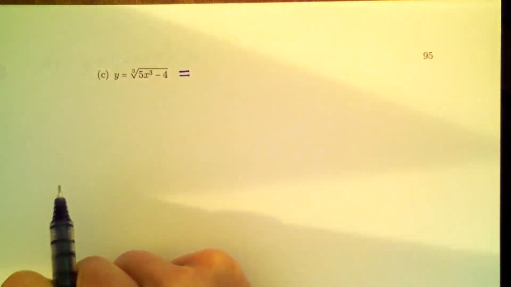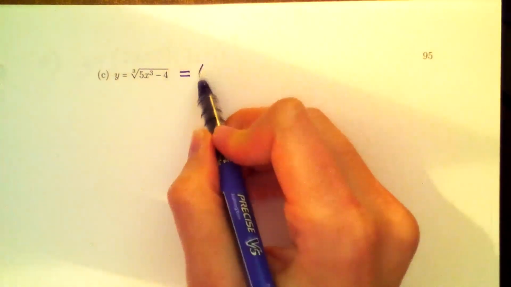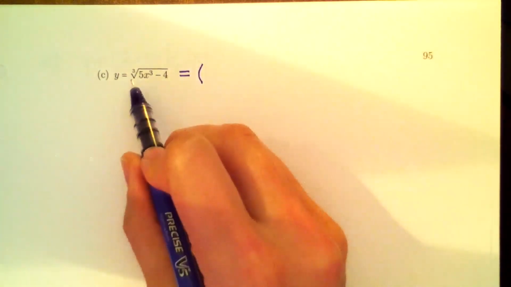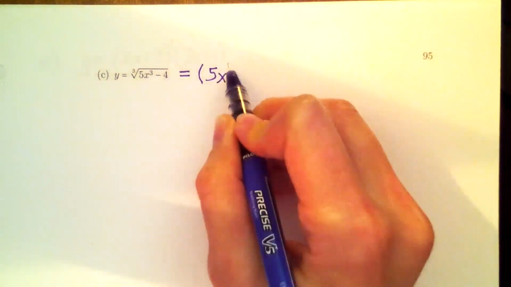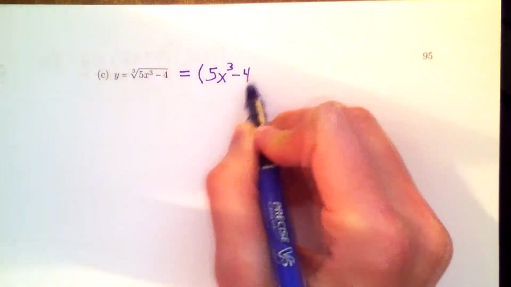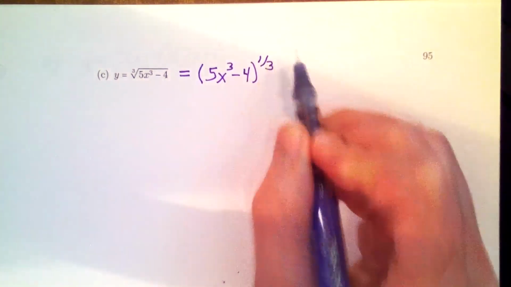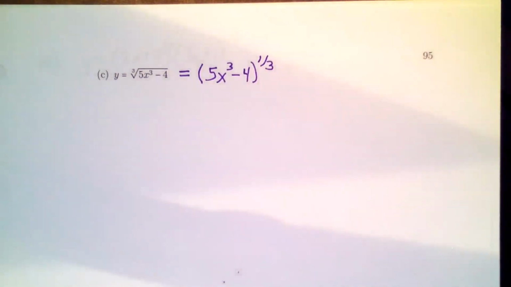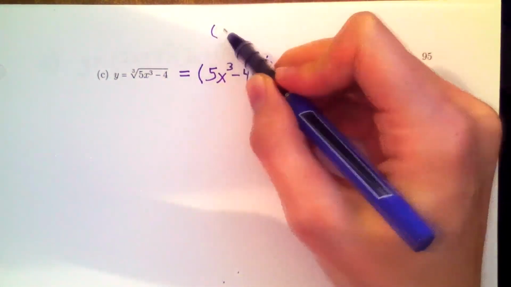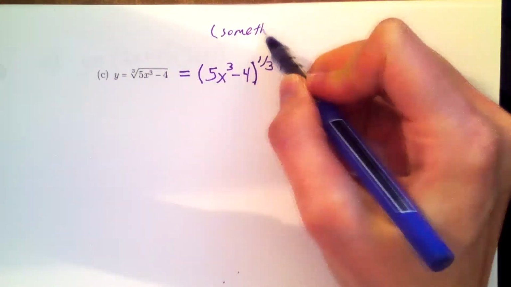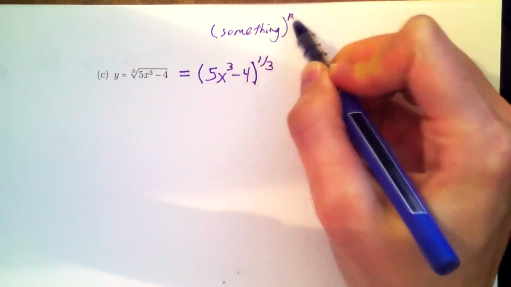If I want to take the derivative of something that's a root, I've got to convert that to a power. Now, cube root is the same as the 1/3 power, so this changes to 5x cubed minus 4 to the 1/3 power. And if you didn't see it before, you can see it now: this is the format where I have something in parentheses raised to a power.